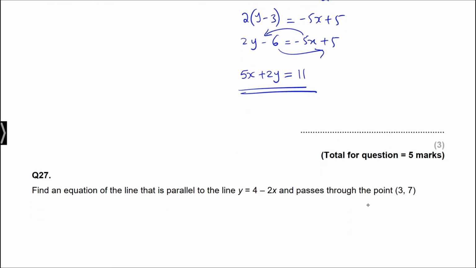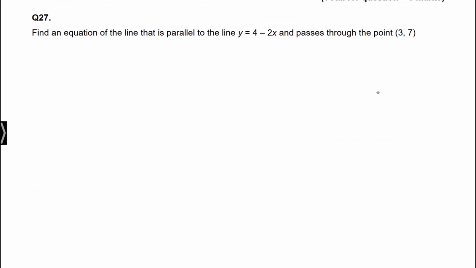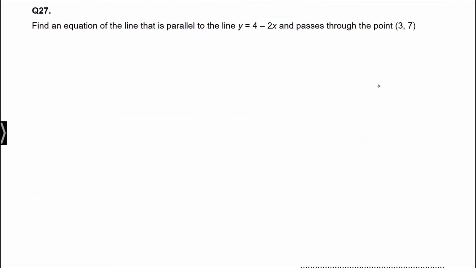And then number 27, we are required to find the equation of a line that's parallel to this line, so which means the gradient of that line will be equal to negative 2 and passes through the point 3, 7. So let's just label this x1, y1.